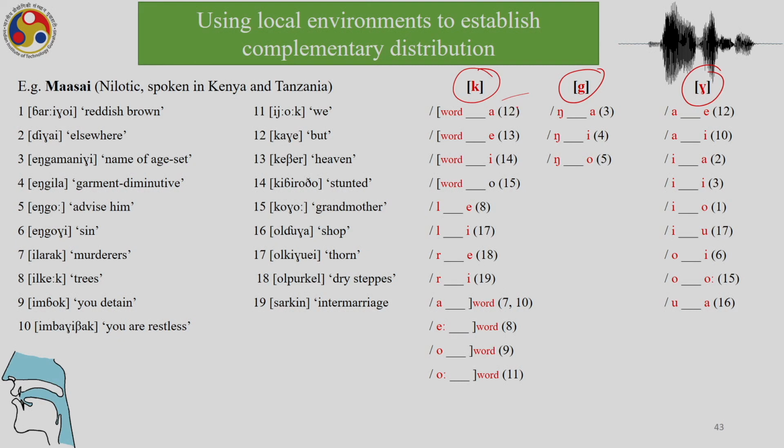Now, look at k. You can see that k occurs in a variety of environments: word initially, in medial position after the word-initial boundary, which is how we represent it, between a consonant and a vowel, and also word finally, as is shown here. This is the word-final position, this is the boundary, and preceding that you also get k.